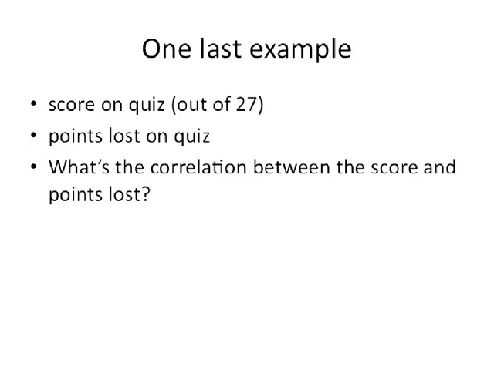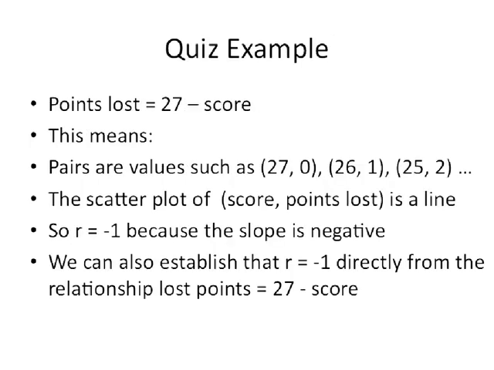And can you tell me why it falls on a line? You can only have a correlation of 1, or negative 1, if the points fall on a line. It's not like if you lose a point on the quiz, your score on the quiz changes by more or less than the point that you just lost. So you can write an equation for that, which is the points lost equals 27 minus the score.